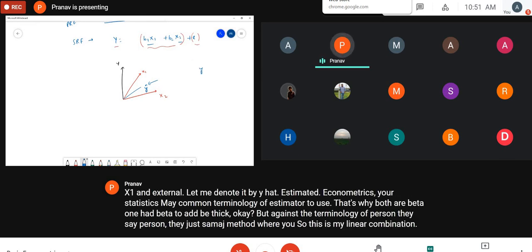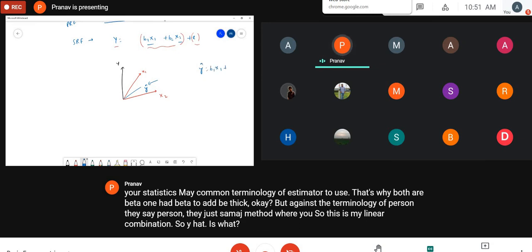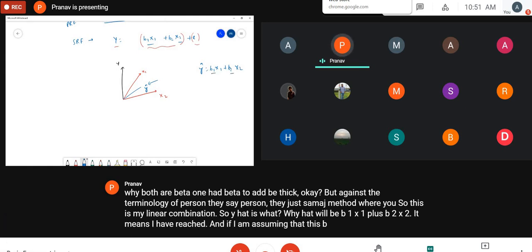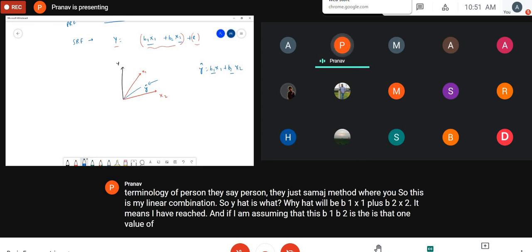So this is my linear combination. So y hat is what? Y hat will be b1 x1 plus b2 x2. It means I have reached, and if I'm assuming that this b1 b2 is that one value of b1 and b2 which takes me exactly below the point of y.